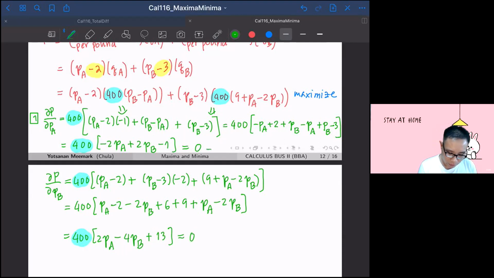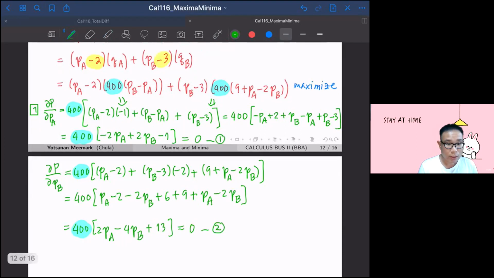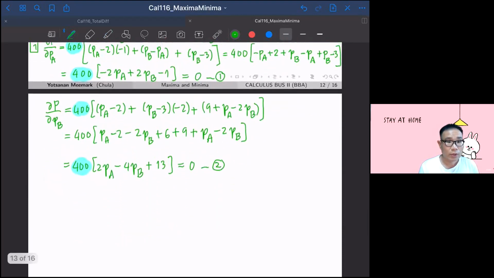So you have your first equation and second equation, and you're going to have 1 plus 2. So 1 plus 2 allows you to get negative 2PB. Here you can get rid of 400, so divide by 400.